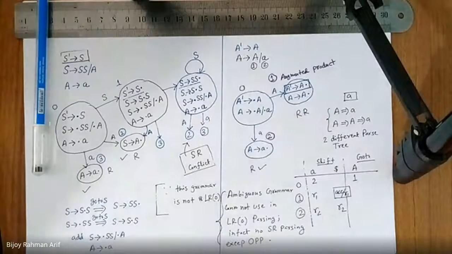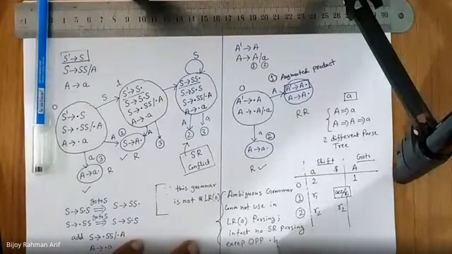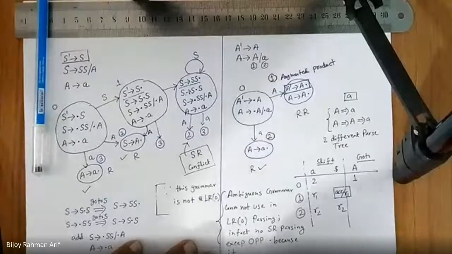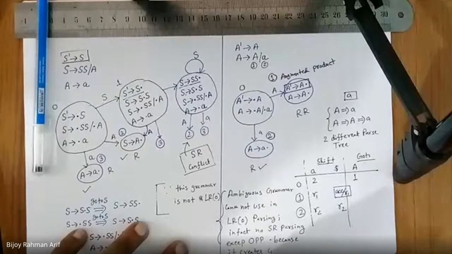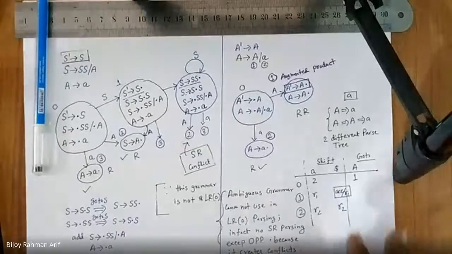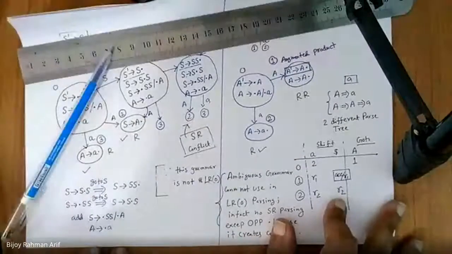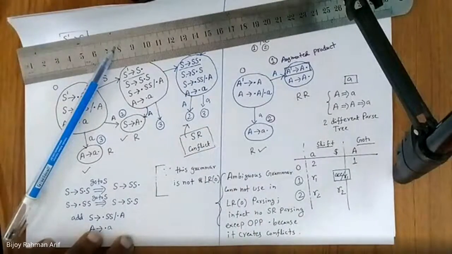It creates conflicts. Simple. So whenever you take any ambiguous grammar, definitely it is going to create conflicts. That's why we cannot use ambiguous grammar for parsing.